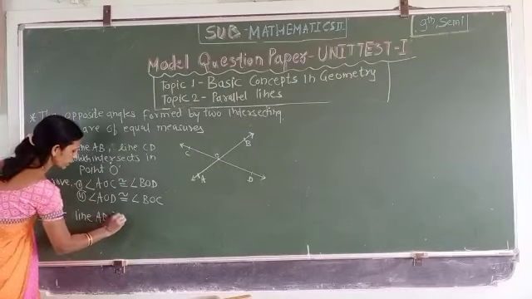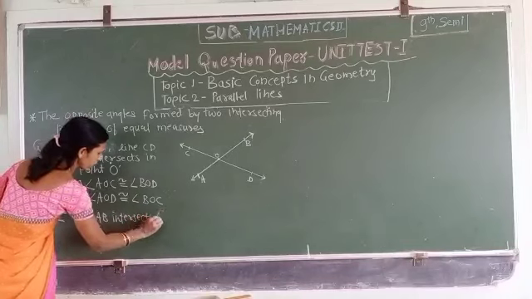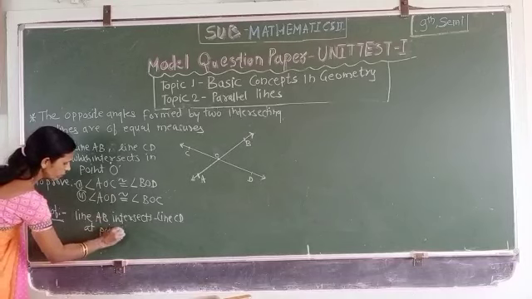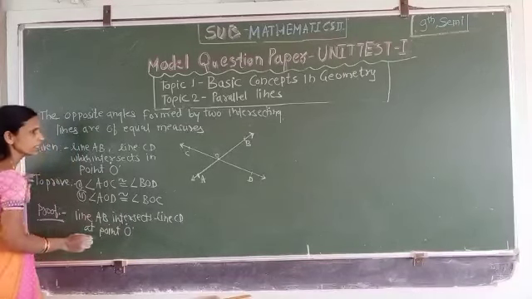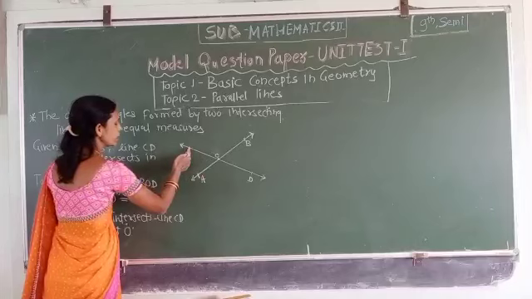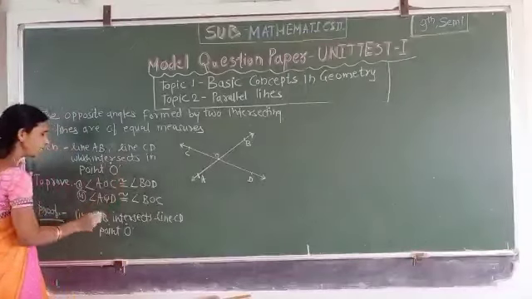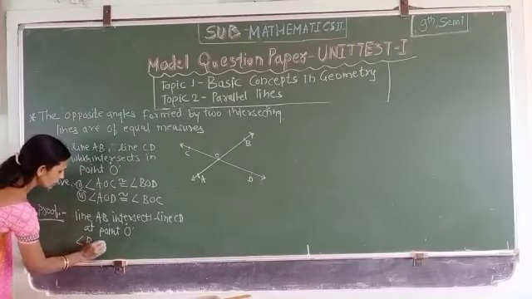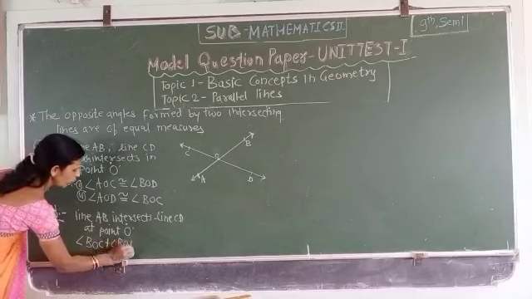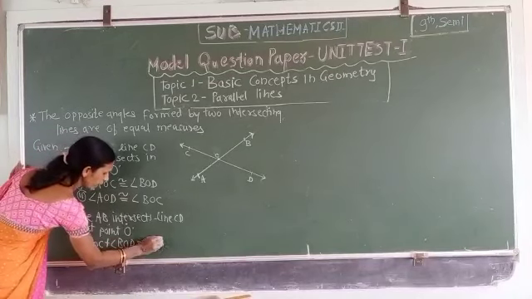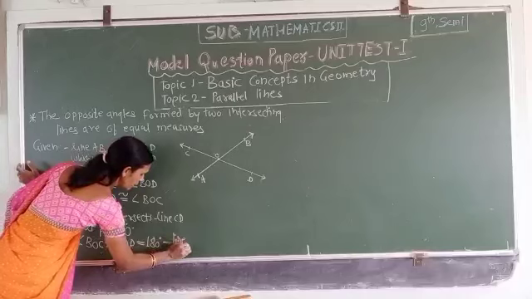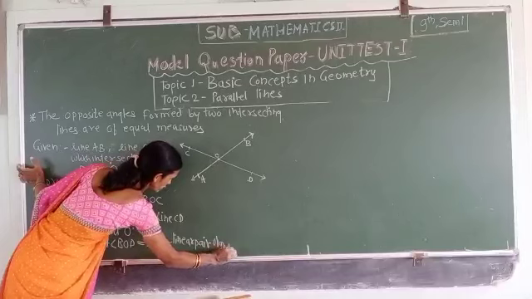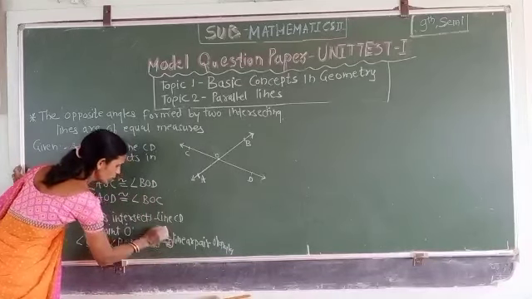Line AB intersects line CD at point O, and angle BOC and angle BOD are a linear pair of angles, therefore angle BOC plus angle BOD equals 180 degrees. Let this be equation number 1.